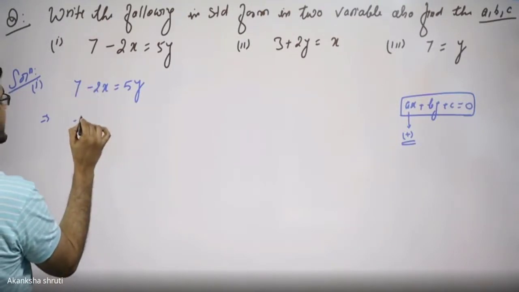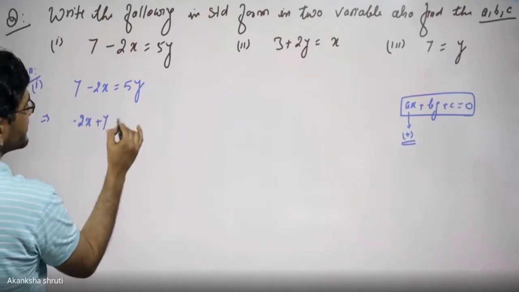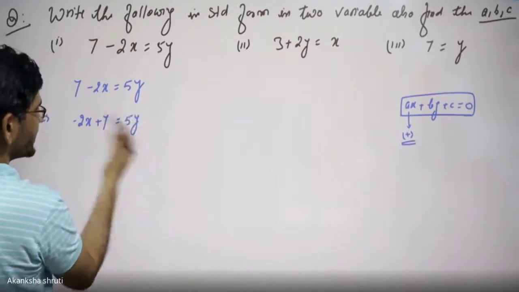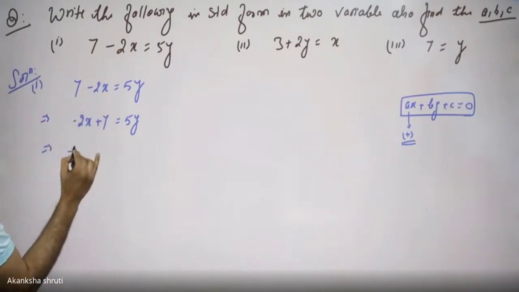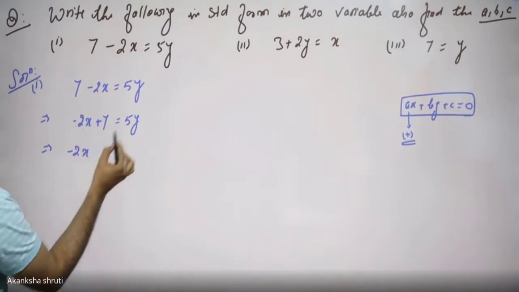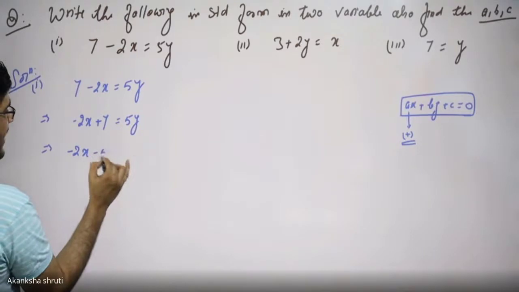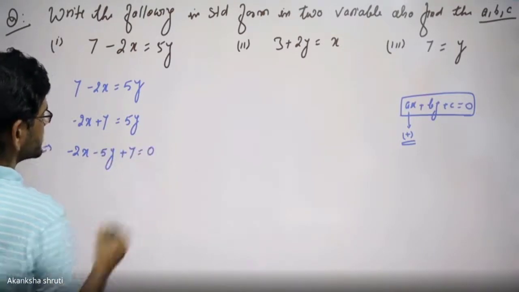This may be written as minus 2x, this is our plus 7. One may first do it like this, it is also okay. Or even directly we may write this as minus of 2x, bring this y term to the left hand side, minus of 5y plus of 7 is equal to 0.